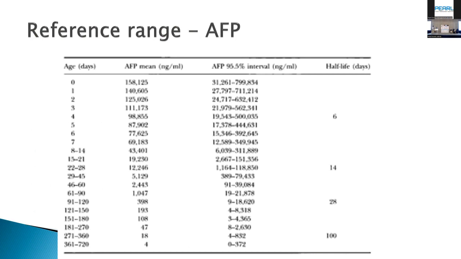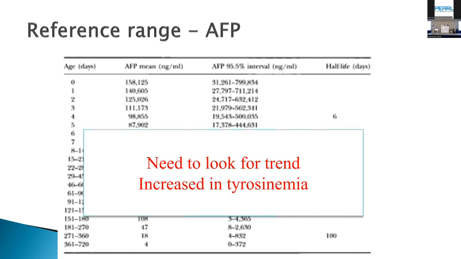So even premature babies have quite high levels, and it comes to the normal range only after they are 2 months, 3 months of age. So as I said, if you have a high level, one value doesn't mean anything. You can repeat it after 2 weeks to see a declining trend, but you need to look for tyrosinemia, which is one condition where your alpha-fetoprotein is high in infants with cholestasis.